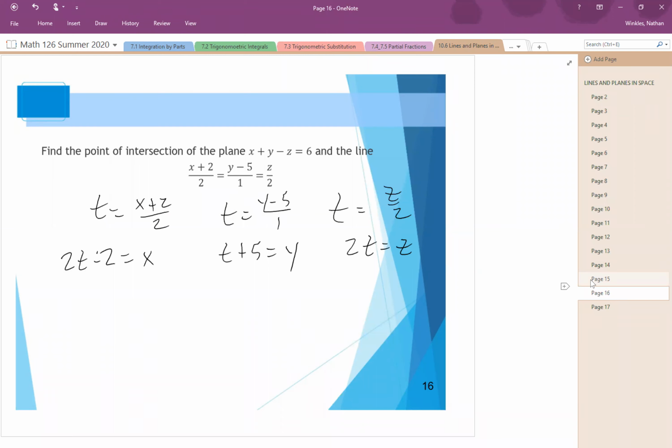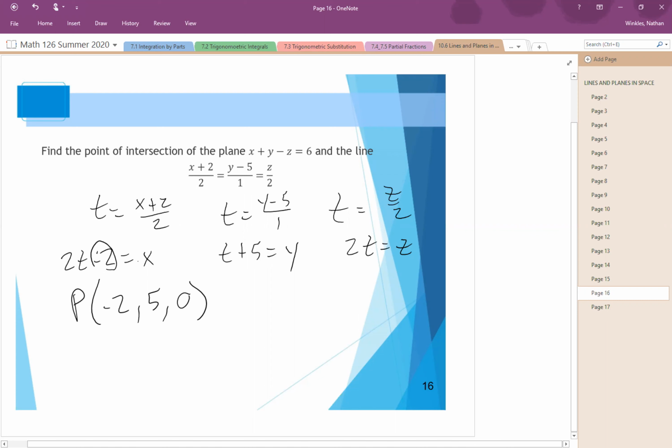That tells us our point P is negative 2, 5, 0, because there is no value for z. And then our direction is 2, 1, 2, because that comes from the values in front of our t's in each case.